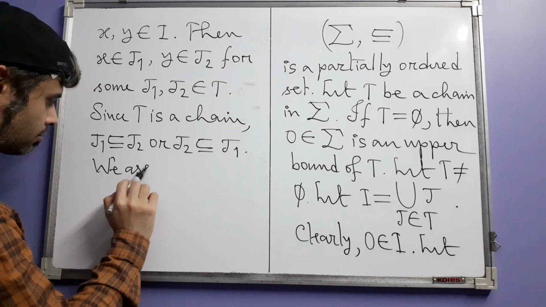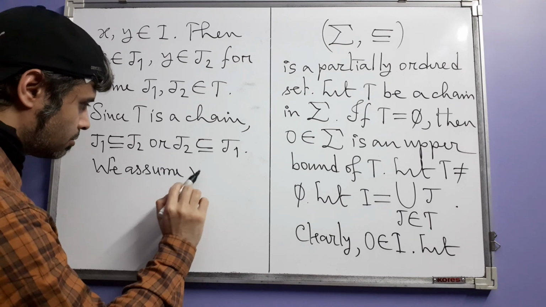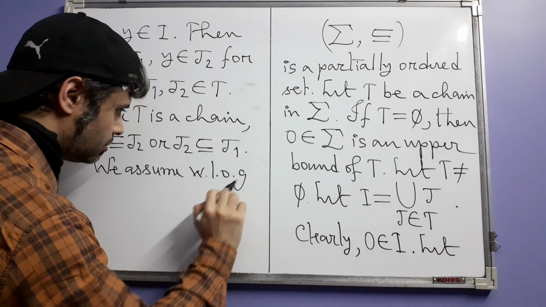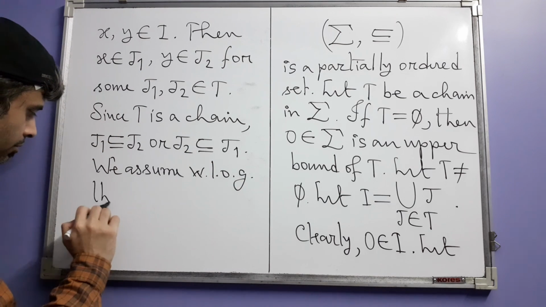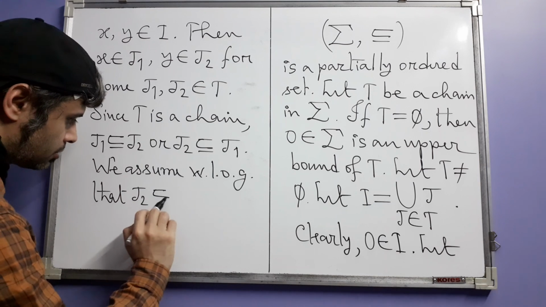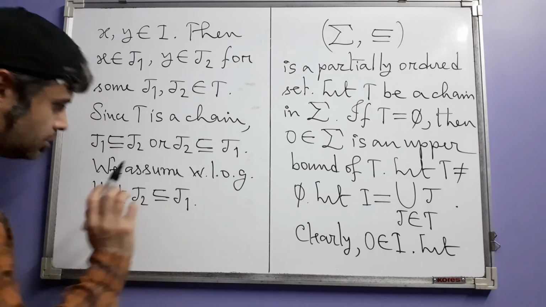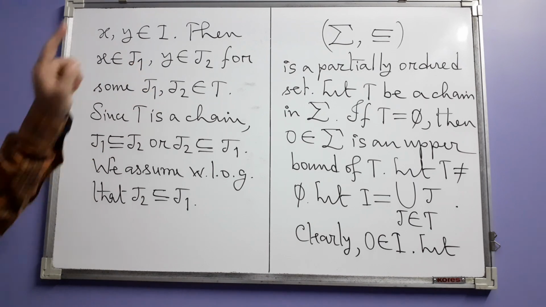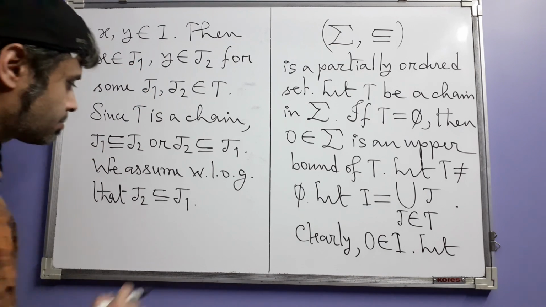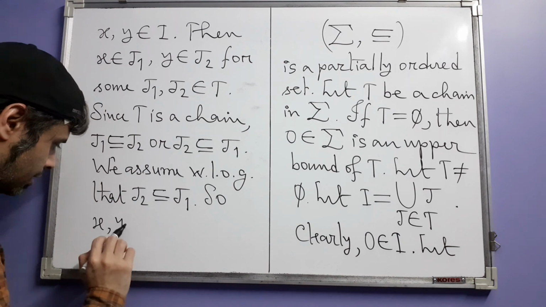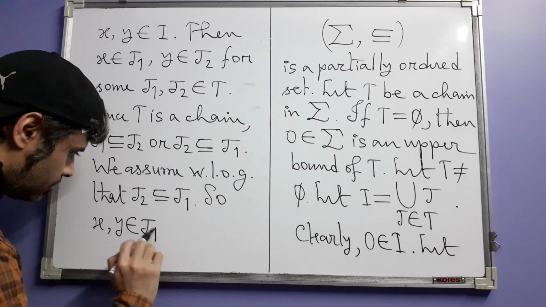We assume, without loss of generality, that J2 is contained in J1. If so, then y will also belong to J1. So x and y now belong to J1.